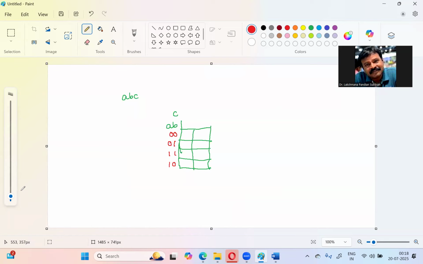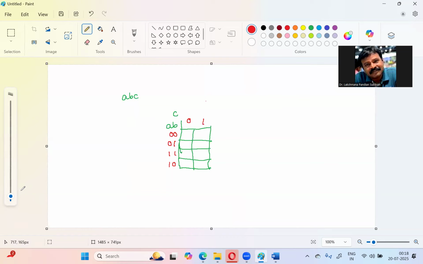Here B is changing, between these A is changing, and between these B is changing. So this is the Gray code 00 01 11 10. Similarly for C we have only 0 and 1.